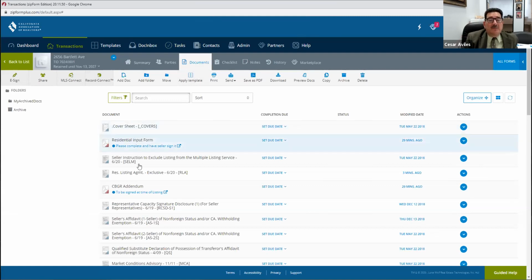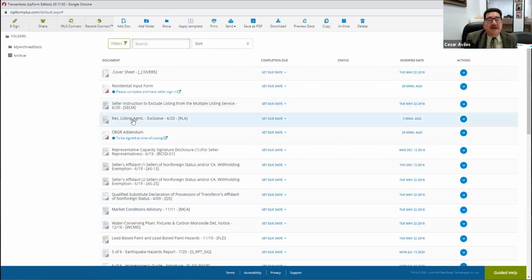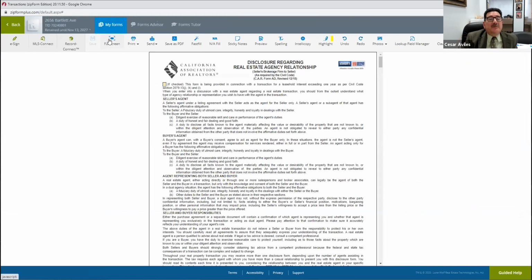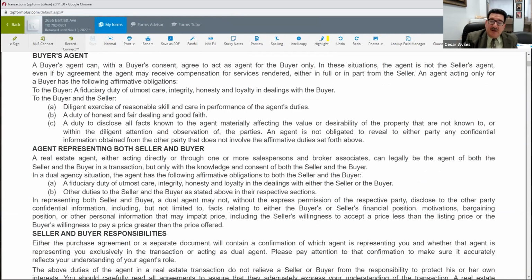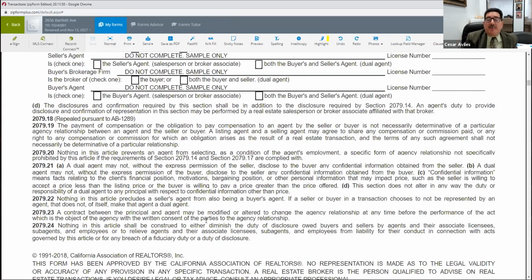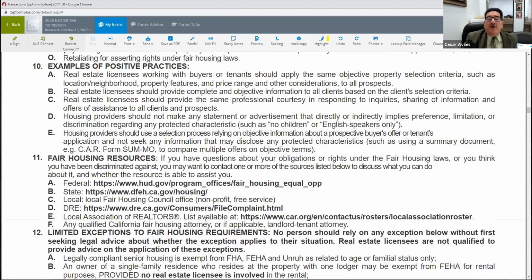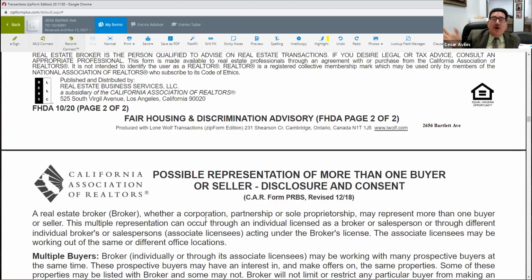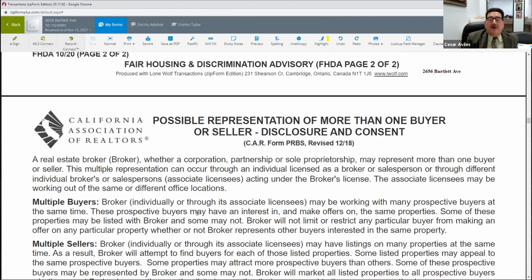So let me go back to my listing agreement, all right? This one is expanded. Let me just make it full screen again. Let me go back to the listing. We're just on page number 1 of the listing, and we're either attaching branches or cutting branches from our transaction.